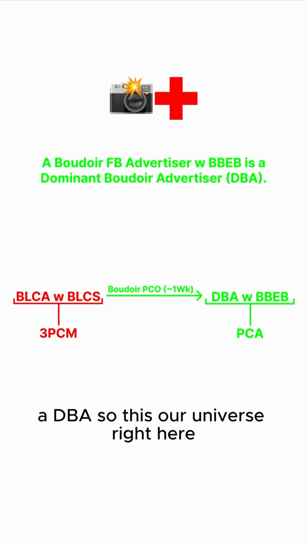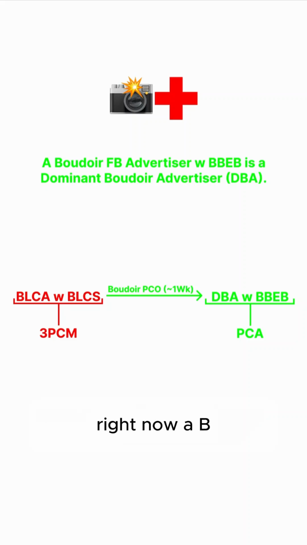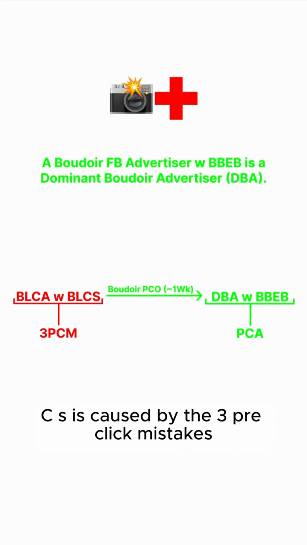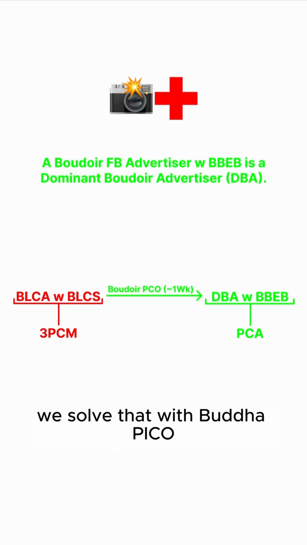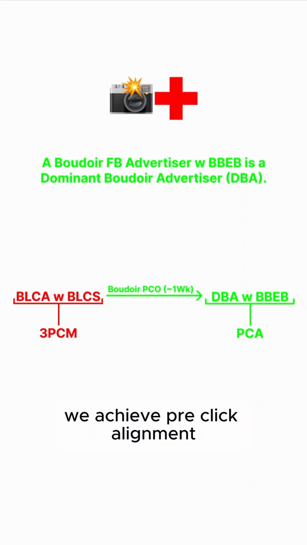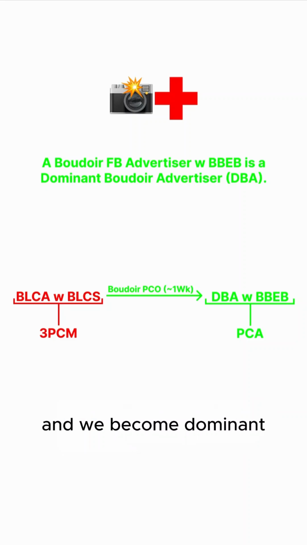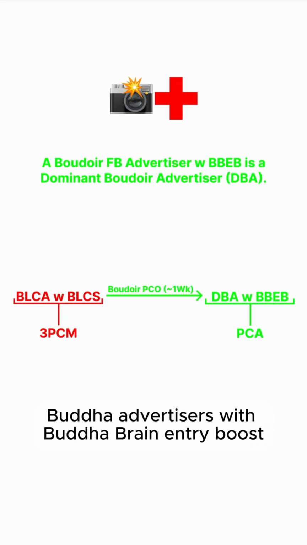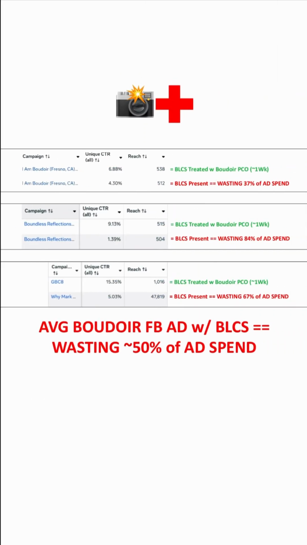So this is our universe right now. A BLCA with BLCS is caused by the 3 pre-click mistakes. We solve that with Boudoir Pico. It takes about a week. We achieve pre-click alignment and we become dominant Boudoir advertisers with Boudoir brain entry boost.